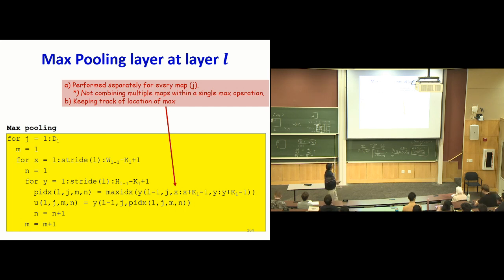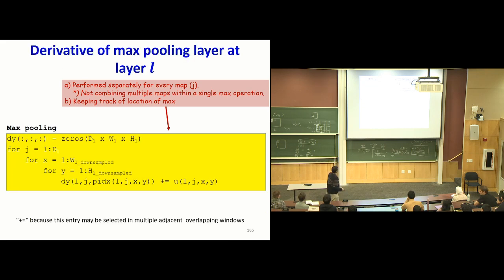So here's how the pseudocode looks. All I'm doing is in the forward pass, I'm storing the PIDX, and then I'm computing the value of the y at that position. And in the backward pass, I'm just updating the derivative with respect to y at that location by the derivative for the corresponding downsampled map.